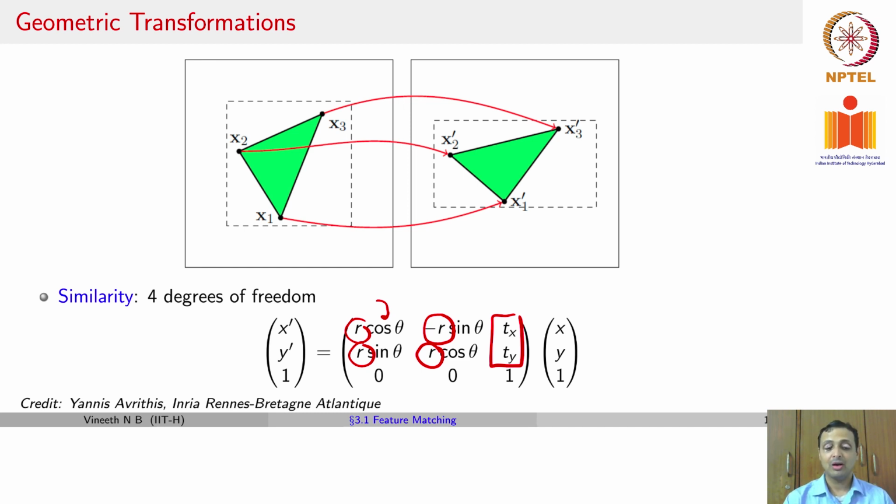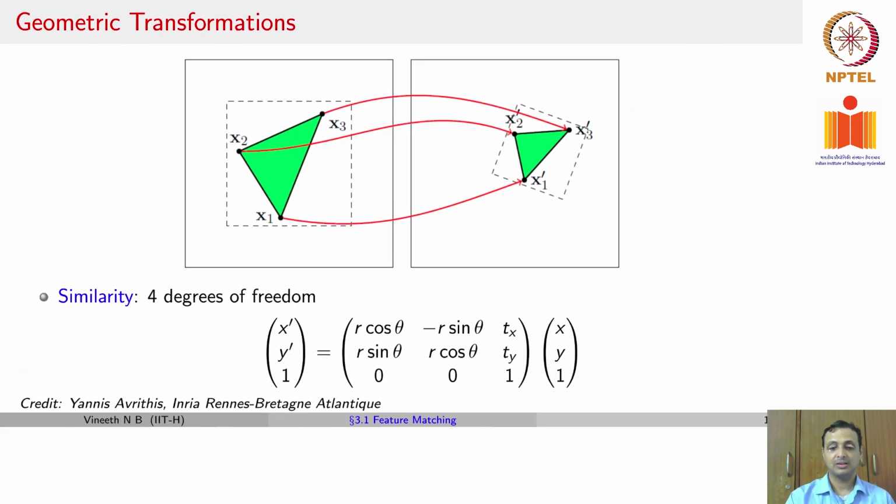So now you have r, theta, tx and ty, 4 degrees of freedom in this geometric transformation. Going forward, this is another example of a similarity transformation where you can see the zoom out in action, where r has a non-1 value to show a similarity transformation where r is operational.